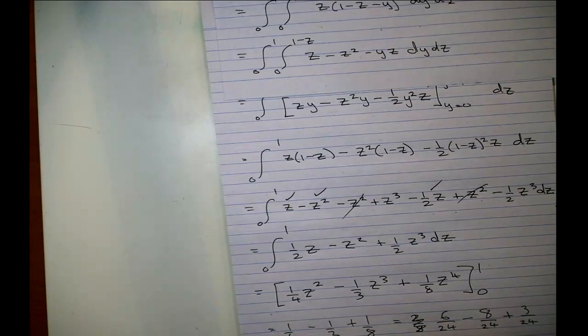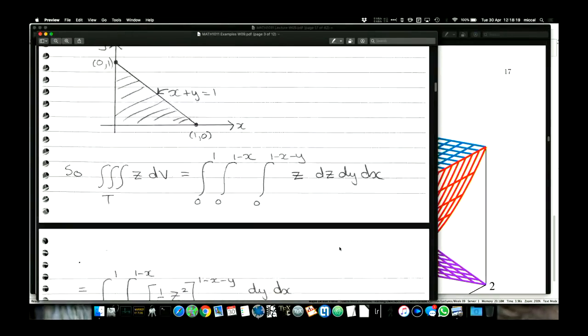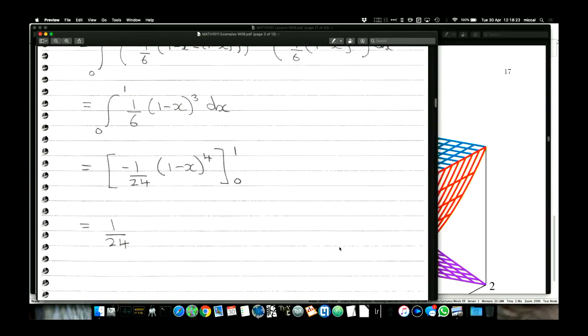That's 1 on 24. Yeah? All right, and of course, here I've done it a completely different way, so all the intermediate steps look different.